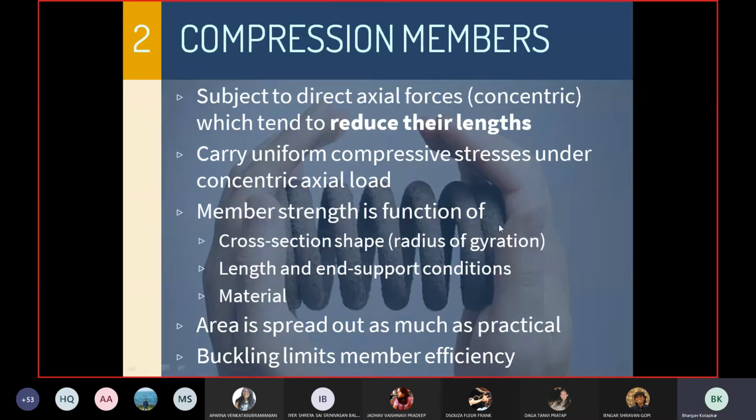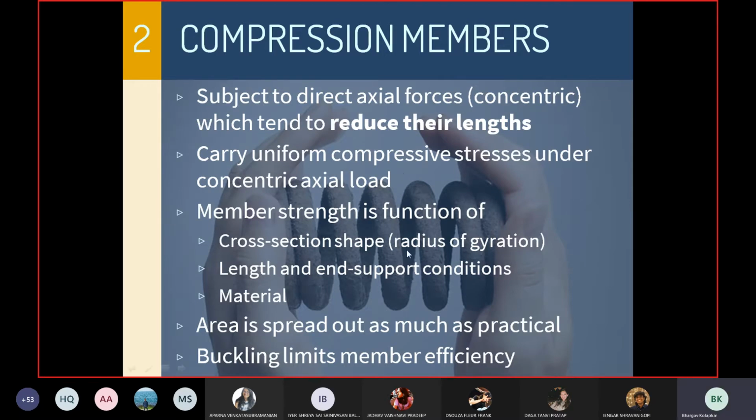So the member strength of compression members is a function of the radius of gyration. We are going to learn further that it is not only a function of radius of gyration, but also of length, end support conditions, material, and so on. We'll get to this later. This is just an introduction so that you know that this is a function of this.